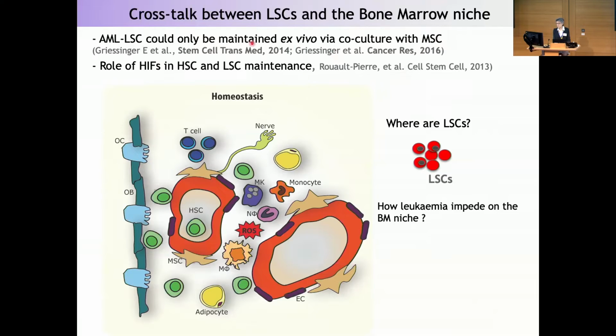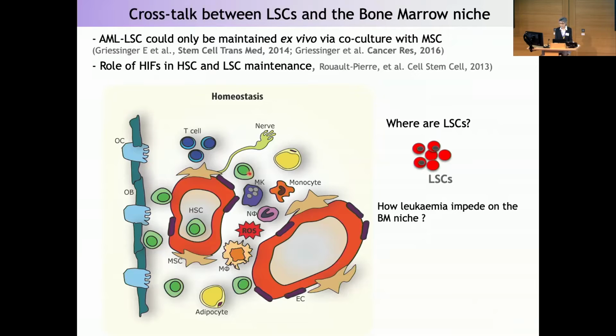At the same time, we had data also helping us understand the role of hypoxia, which is important in the bone marrow niche, showing that HIF regulators are important for the maintenance of both normal and leukemic stem cells. So this is a very simplified representation of the niche.